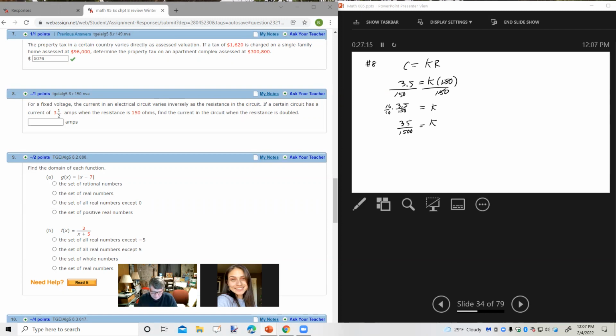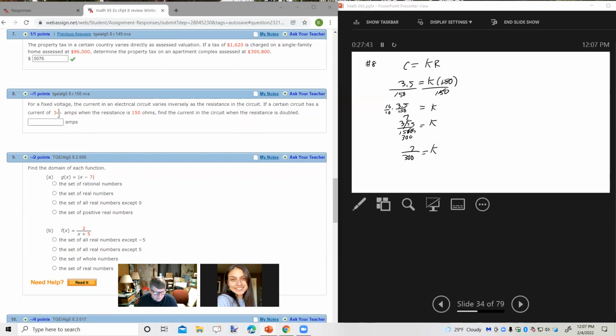Then let's divide the top and the bottom both by 5. So I get 7 over 300. I'm going to use that because it's equivalent to what I started with. It comes out with a big long repeating thing. All right. So K is 7 over 300.